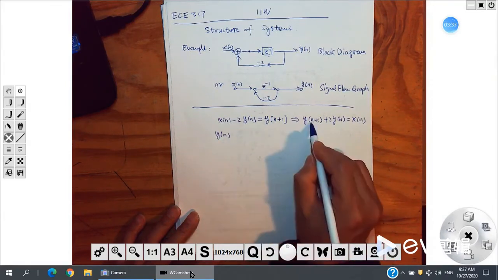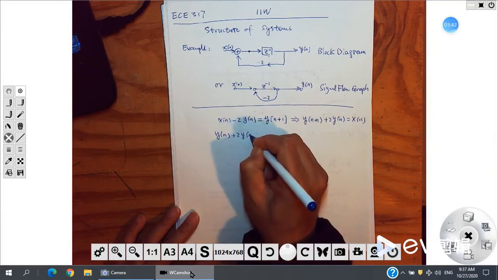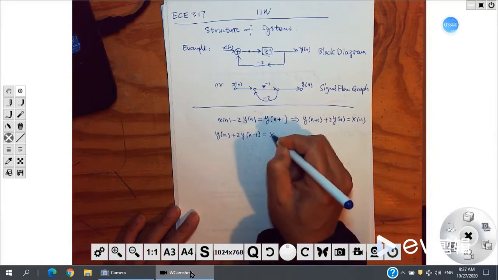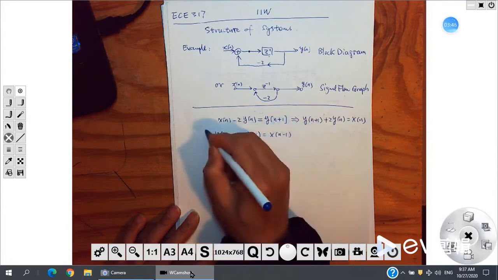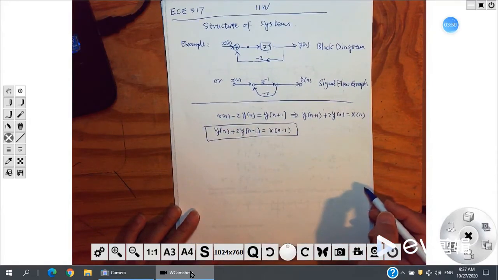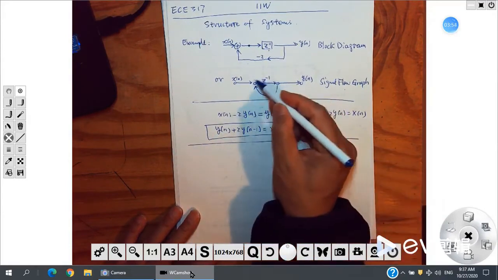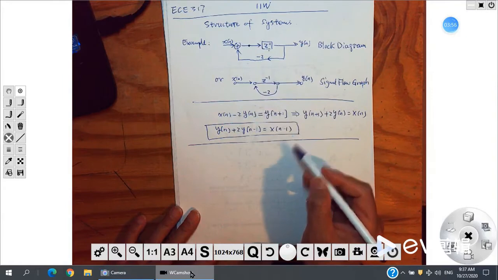Then this one I replace by n, then the 2 of y here will be n minus 1, and the x will be n minus 1. So we can have an equation that looks like this. You can also use this one to give a similar equation.